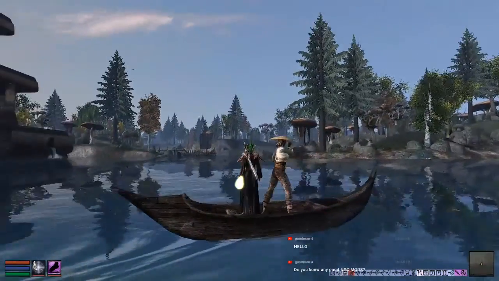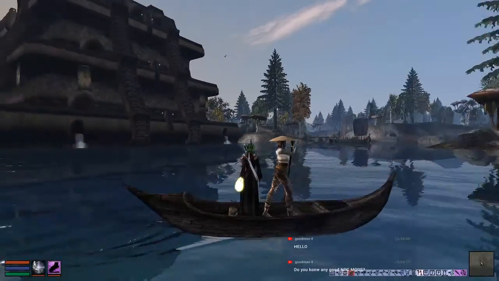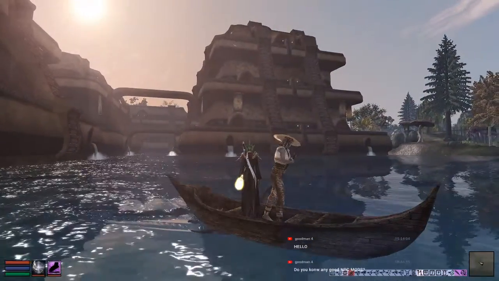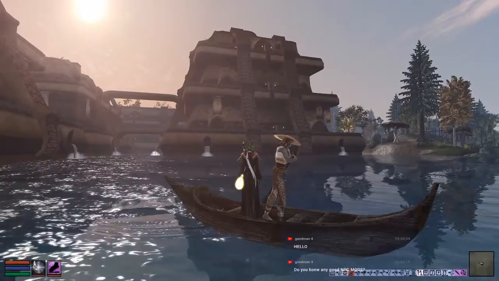Okay, so we should be not far from our final destination, which is the foreign canton.